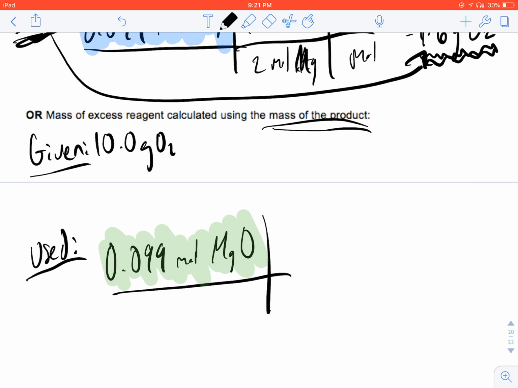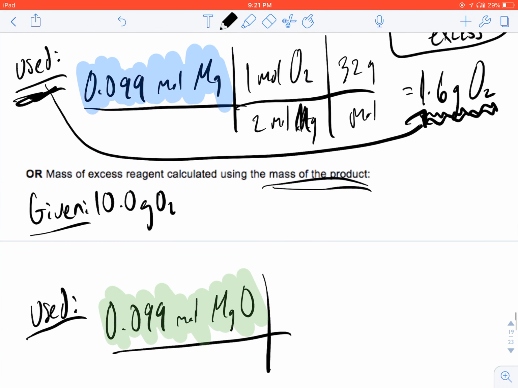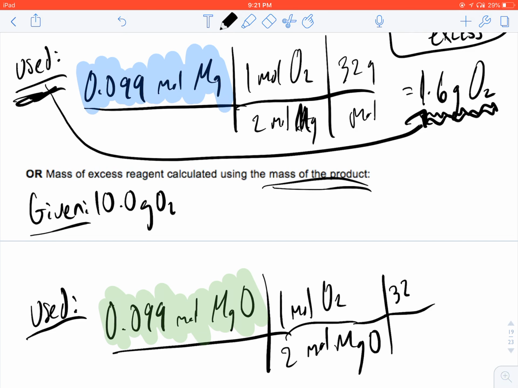Remember, we actually made 0.099 moles of magnesium oxide because we were limited by the amount of magnesium that we have. So if we do the work here, you'll recognize that numerically it's the same exact thing as the previous method.